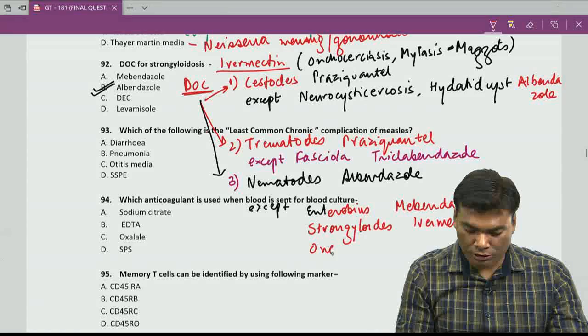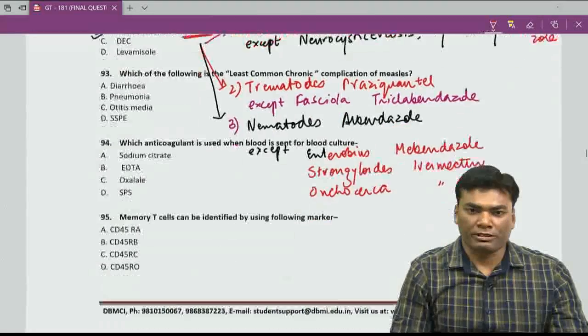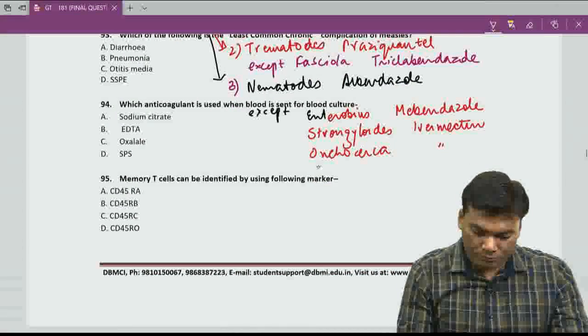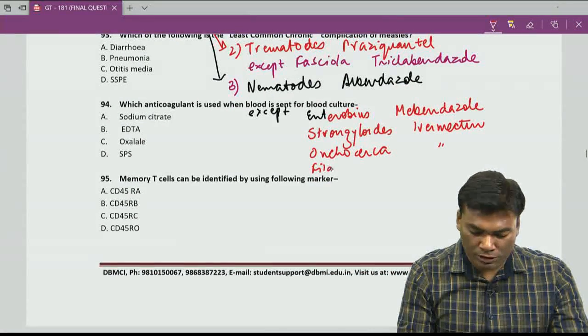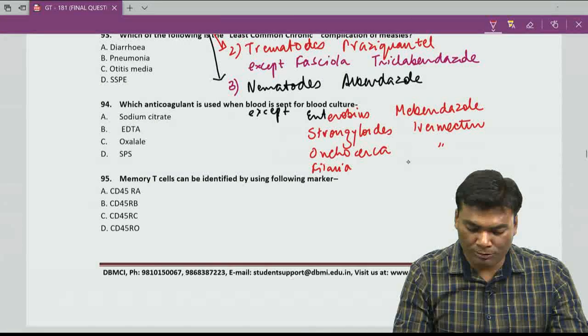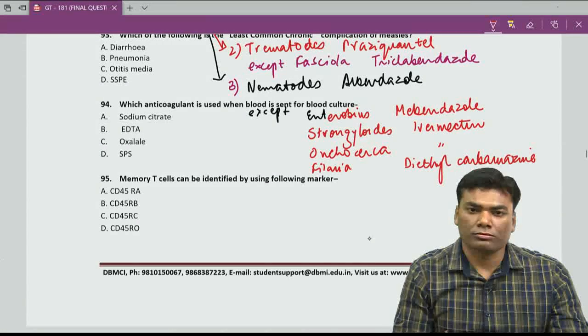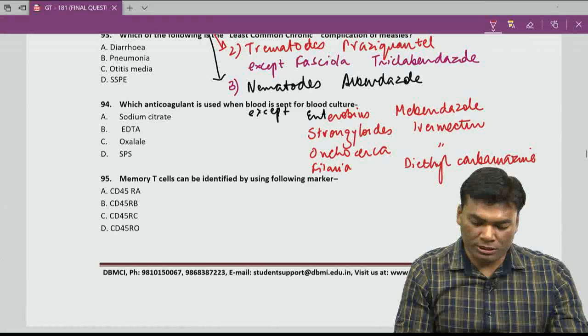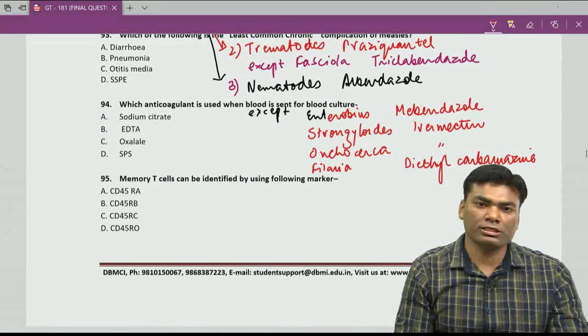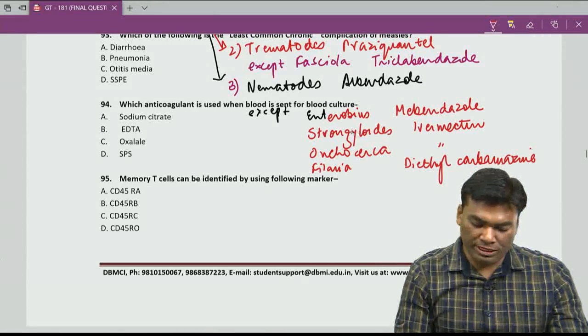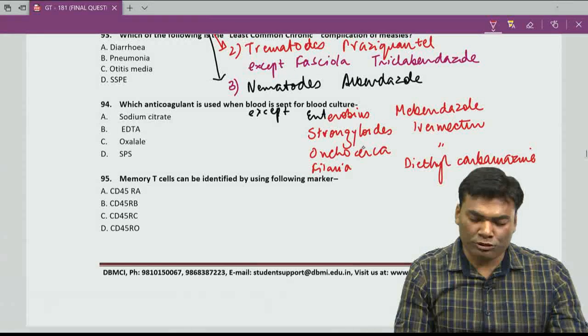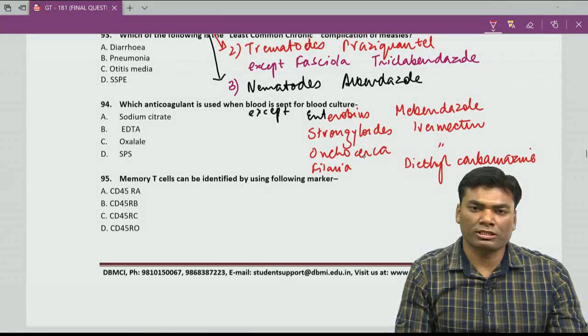Similarly, for Onchocerca volvulus, which is a filarial worm, we will use ivermectin. For filarial worms such as Wuchereria bancrofti and Brugia malayi, we use diethylcarbamazine, right? So this is quite different. These are the various exceptions for nematodes in which we are not using albendazole as the first choice.